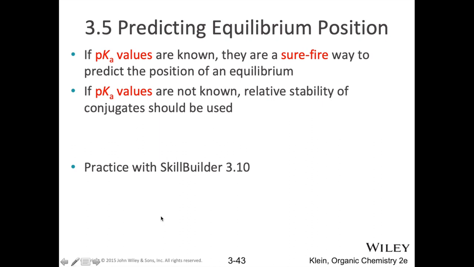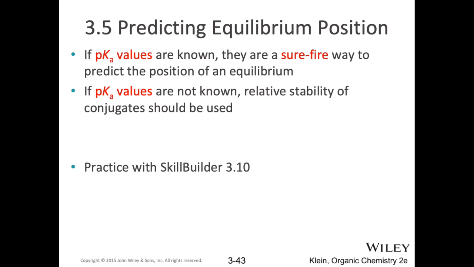Okay, so that being said, I think I pointed out earlier that we can use this to compare our acids on both sides of an equilibrium and get a sense of which way the equilibrium is going to go. Now, if you have pKa values, of course, you can do this very quantitatively. You can get a feel for the proportion.